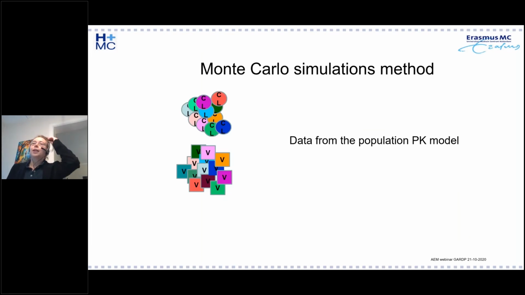I know this still sounds a little bit difficult, so there's another slide to show it in a figure. From your pharmacokinetic analysis, you have a number of clearances, and as you can see from the colors, they're all different. And a number of values of volumes, they're all different. You combine randomly all those possible combinations.